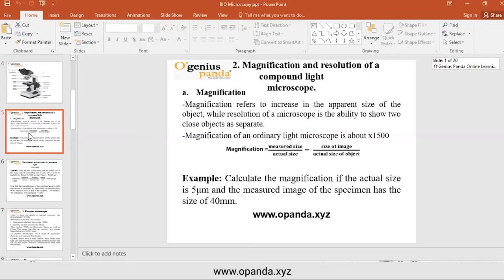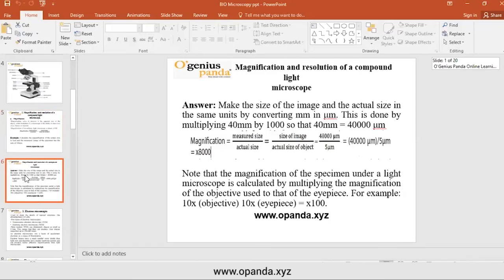Here we have an example of calculation. Calculate the magnification if the actual size is 5 micrometers and the measured image of the specimen has a size of 40 millimeters. For the answer, you make the size of the image and the actual size in the same units by converting to micrometers.